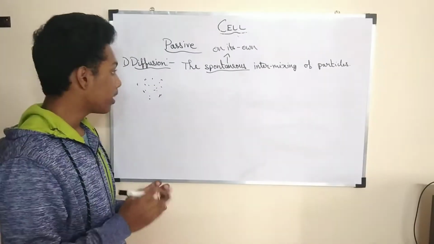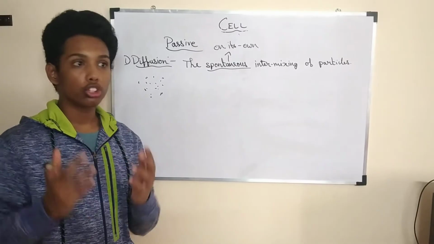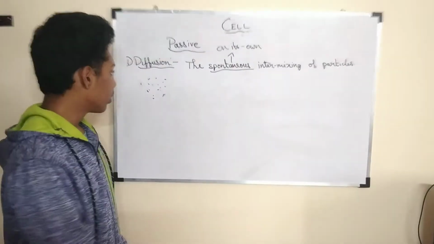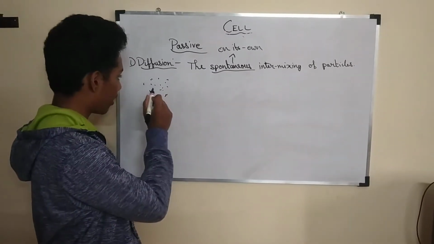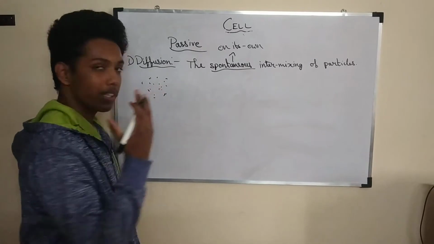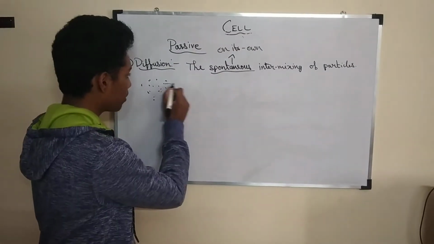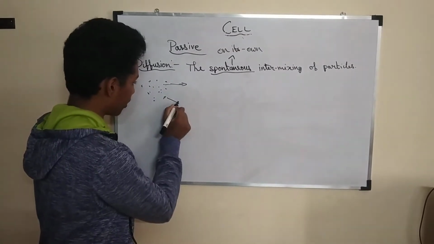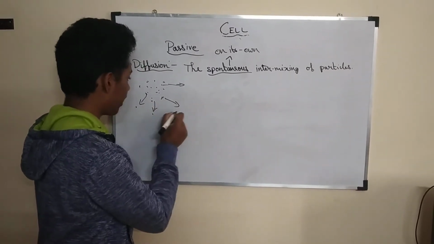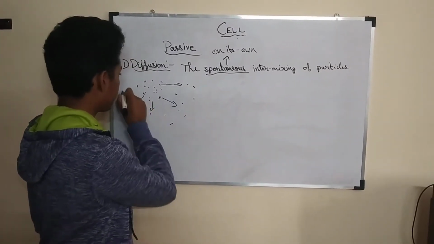But if you sit anywhere in that room, I'm sure that you'll get the smell of it, right? How? This is because of the process of diffusion. So let this be the higher concentration, and all the remaining area would be the lower concentration. The particles move from higher concentration to lower concentration, thus spreading the smell in all directions equally.